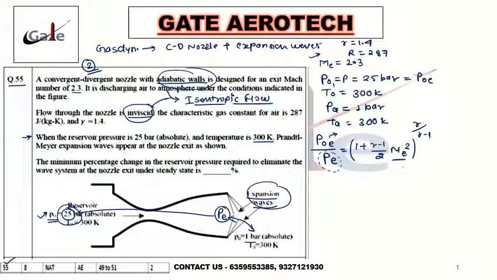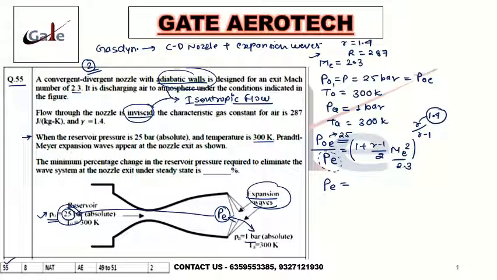Okay, if you put M equals 2.3, they have given the exit Mach number, and this you will take as 25 bar. Gamma is 1.4, which means air is flowing.